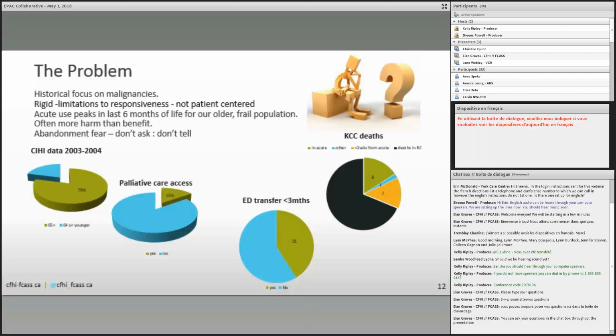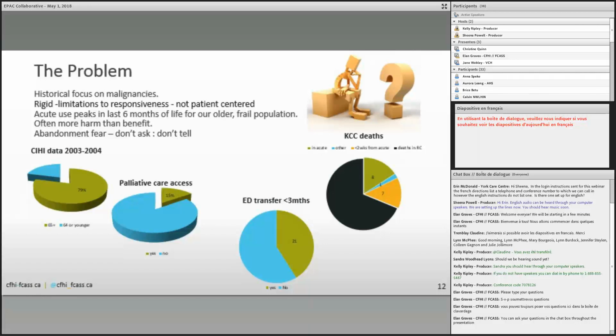We started looking at KCC and realized that of the 51 deaths in an 18-month period, 14% died in acute, 1 person died in an ambulance on the way to acute, 14% within 2 weeks of return from an acute stay, and 42% of all the residents that died had at least 1 transfer to ED in the last 3 months of life. Some of those had several.